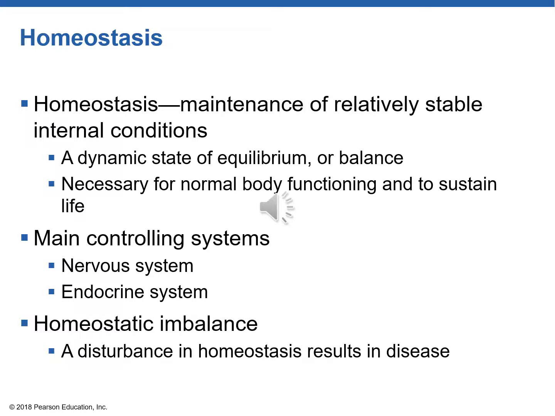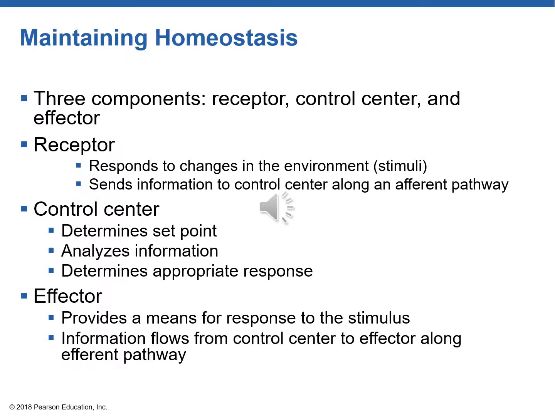The main controlling ways that we do this with our body is through the nervous system and the endocrine system. The nervous system uses neurons, and the endocrine system uses hormones. The way that homeostasis or balance is maintained in our body is that we have receptors that recognize changes in the environment. For example, perhaps your calcium is too high.